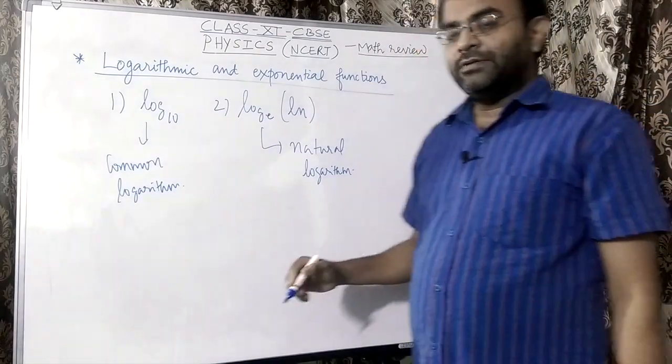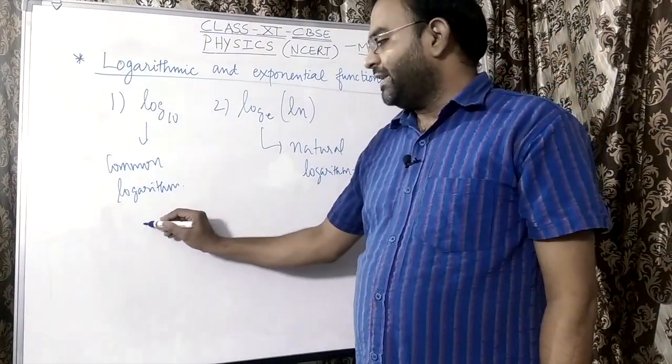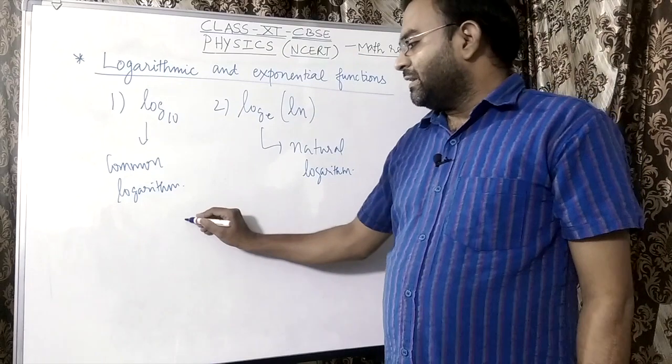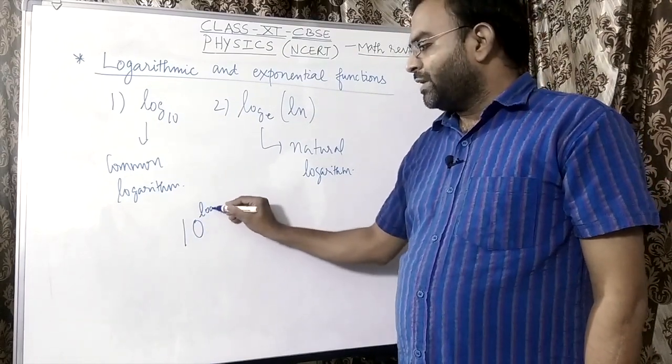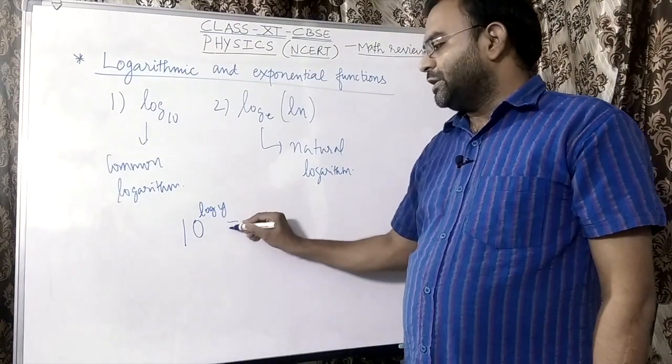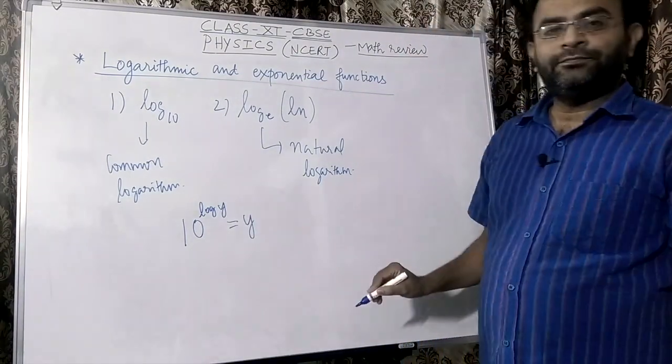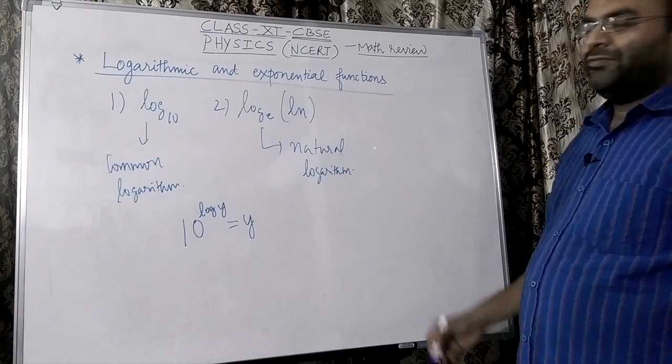Logarithm of a number in common logarithm, that is base 10, is defined as the power to which 10 must be raised to arrive at the number. That is 10 power log y is equal to y. This is how one can define logarithm of a number.